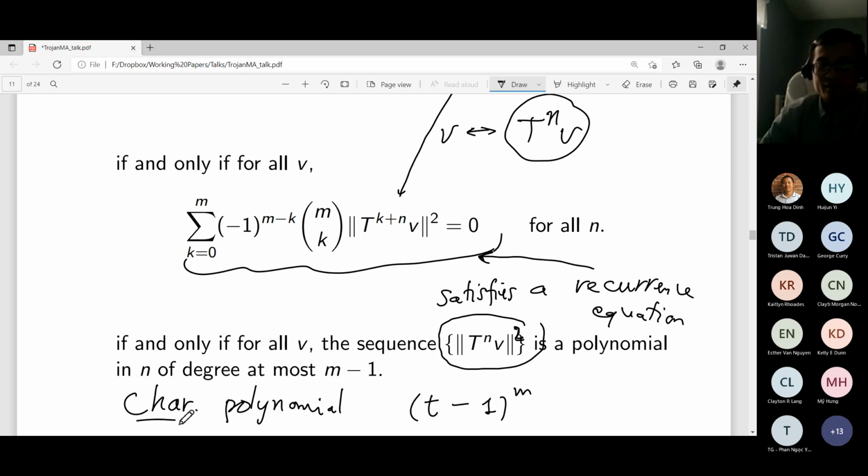When we solve it, we have the root 1 repeated m times. And from the theory of recurrence relations, it follows that the sequence, the norm of T^n V squared, is a polynomial in n of degree at most m minus 1.